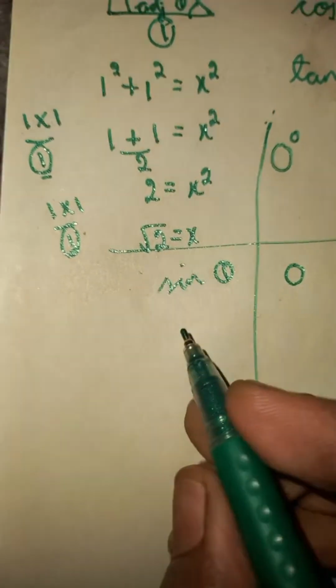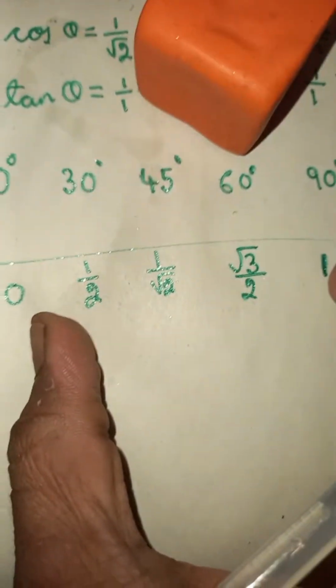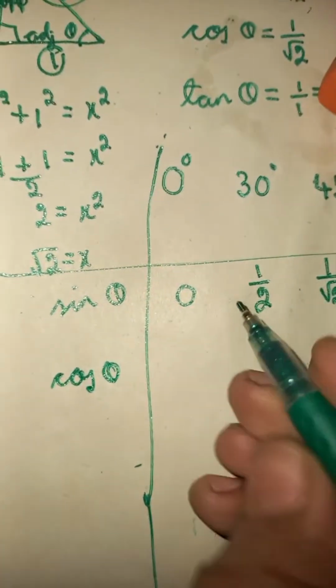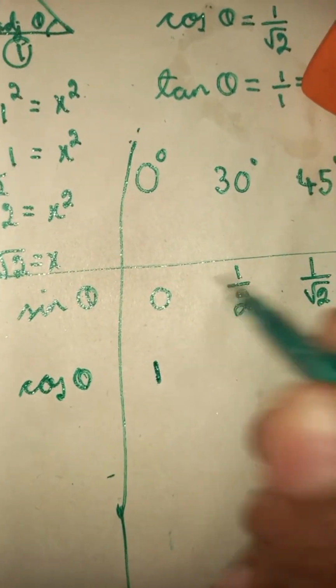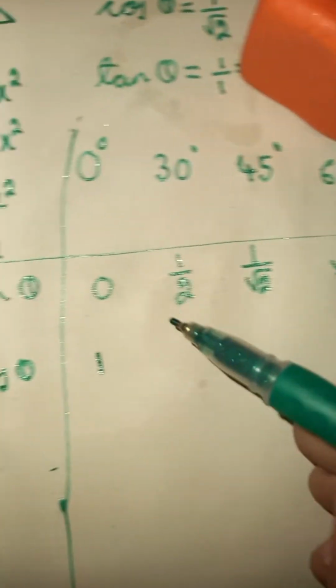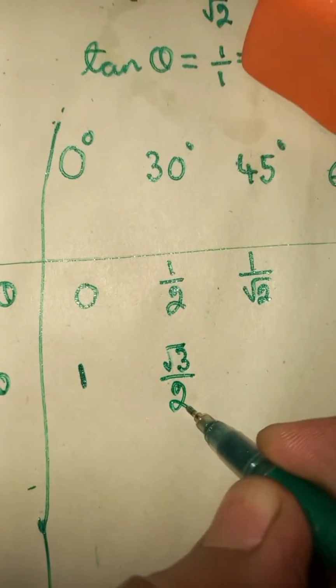In the same way, let's take cos theta. Cos theta means these values go in reverse. What is 90 degree in sine theta becomes 0 degree in cos theta. So cos 0 is 1. What is 60 degree in sine theta becomes 30 degree in cos theta, so it becomes root 3 by 2.